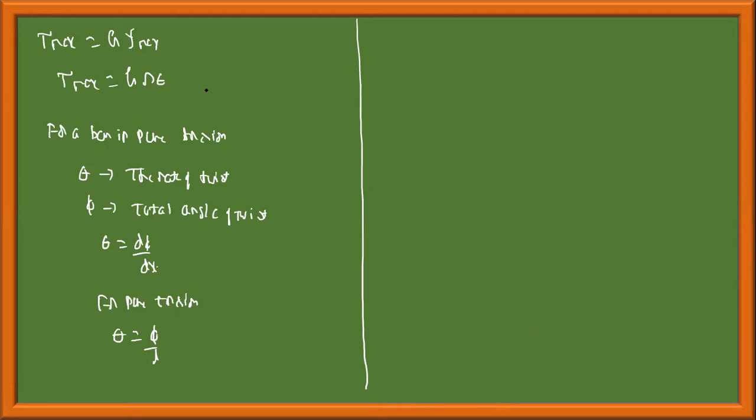Tau max is equal to G R theta. It's very simple, don't worry. Since I'm doing it for the first time, it's feeling a little strange.